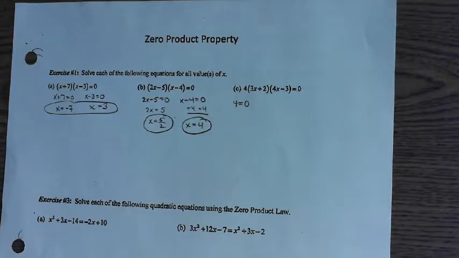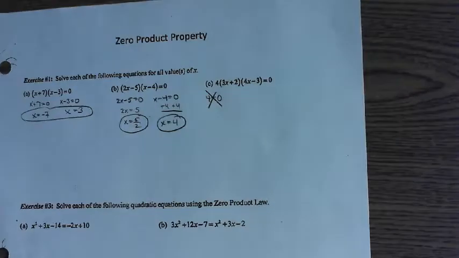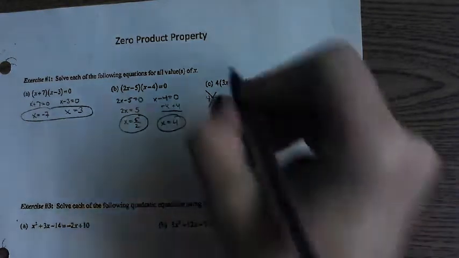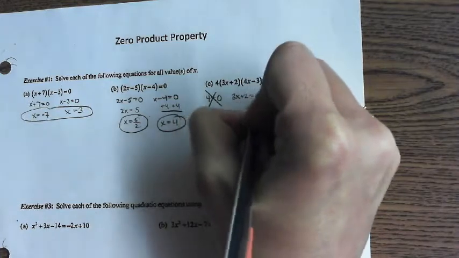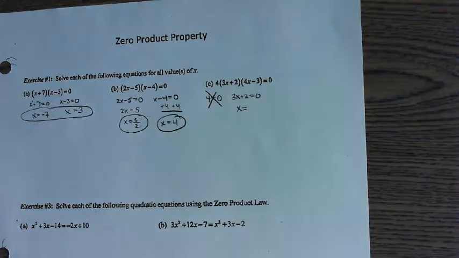But what do you know about 4 equaling 0? It flat out doesn't. So you're not going to get a solution out of that. That would be no solutions from that one. With the 3x plus 2 equaling 0, you're going to subtract your 2 over and then divide by 3, so that'll be negative 2/3.